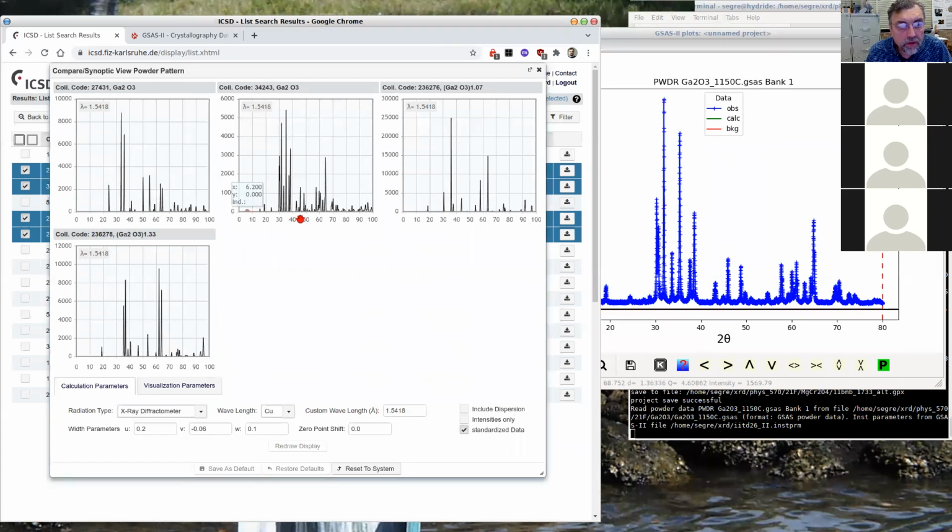If you just look at this structure, you can see it has all the right peaks here. It has this clump of peaks with a medium, big, small, big, and then two peaks together, and that's exactly what we have here. So my guess, since this is probably the beta, is that we have beta gallium-203. So that's what we're going to select to download.